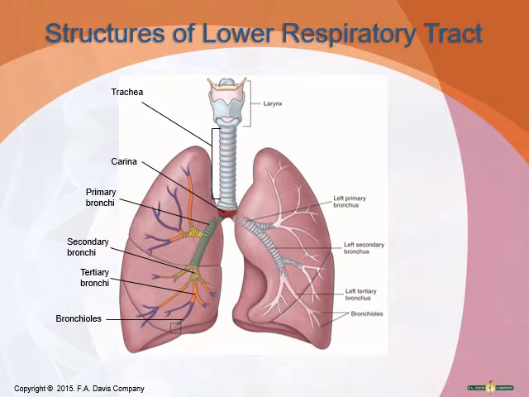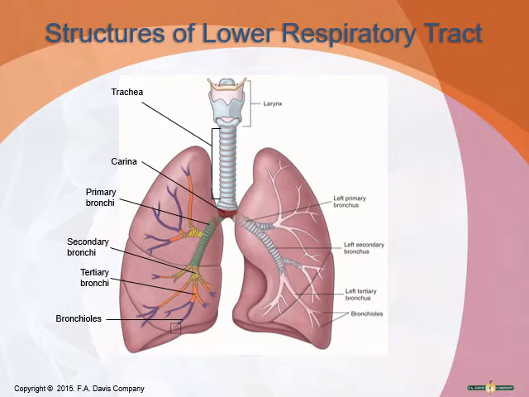You'll notice on the slide it has these rings. They're cartilage rings that encircle the trachea to give it reinforcement and keep it from collapsing. The rings are actually C-shaped, and the open part of the C faces posteriorly towards the back, giving the esophagus room to expand during swallowing.